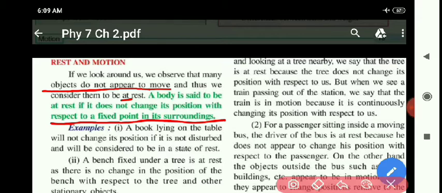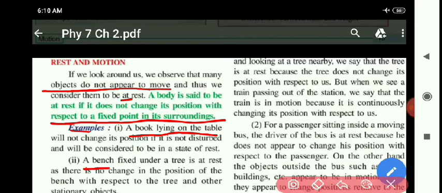Now look at some examples. A book lying on the table will not change its position if it is not disturbed and will be considered to be in a state of rest. Until and unless you displace it or take the book and put it at another place, it will not change its place, so that book is said to be at rest.